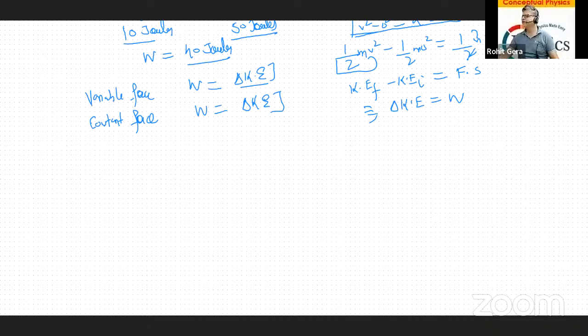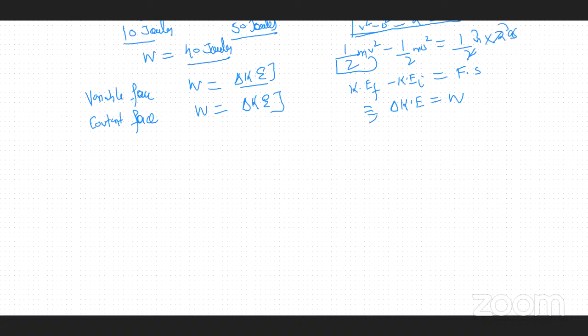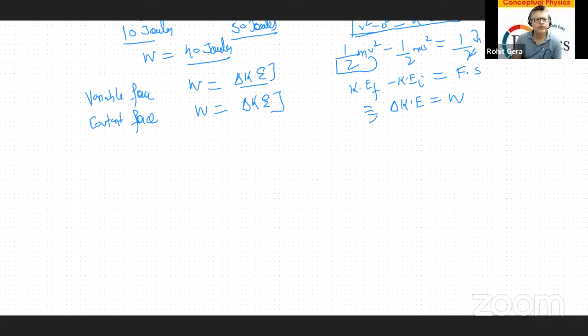Okay, so let's do one question. There is a bullet which is getting fired. Question number 1 on the concept of kinetic energy, which is delta KE is equal to work done. That is it. Simple.